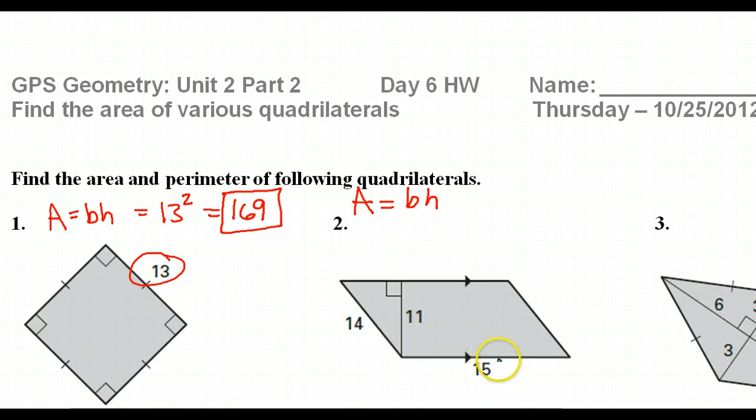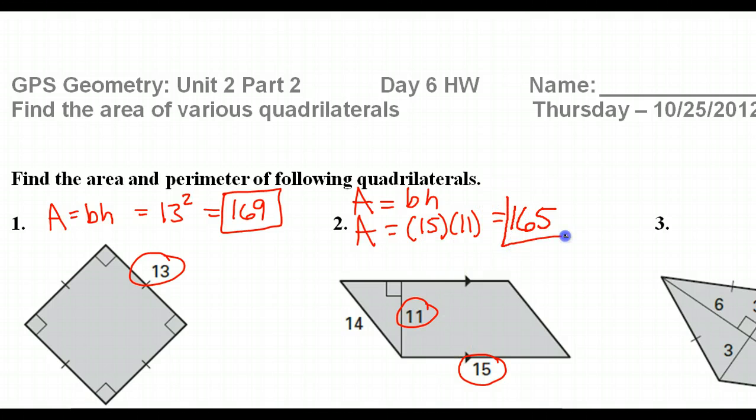Okay, in this case, the base is 15, and the height is 11. Alright, so the area is going to be 15 times 11, which is 165.